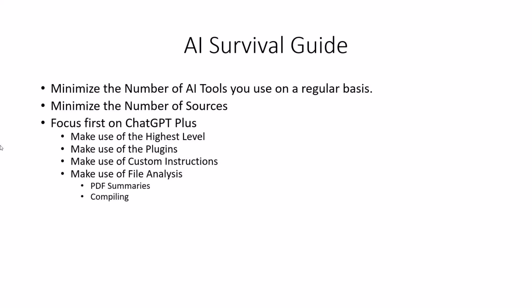It will compile documents. If you have a number of different documents with a lot of different elements in them, you can take all those documents, squish them into one area, and get the gist so you're able to explain it to your customer.